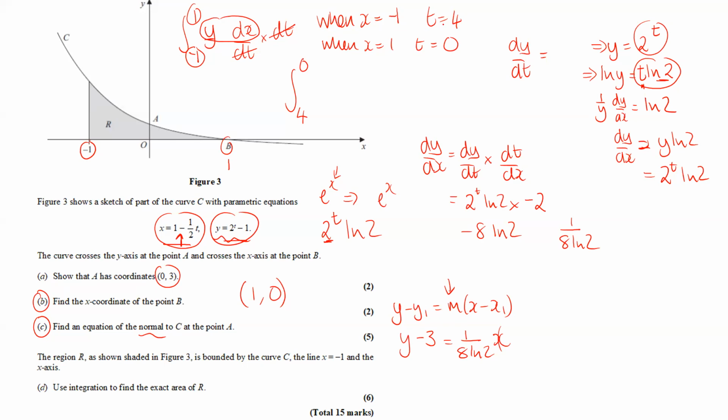So you have to keep these, even though they're the wrong way round, you have to put them in the right place. And we're doing y, which is this here, 2 to the t minus 1, times the differential of x, which was -1/2, and then dt.